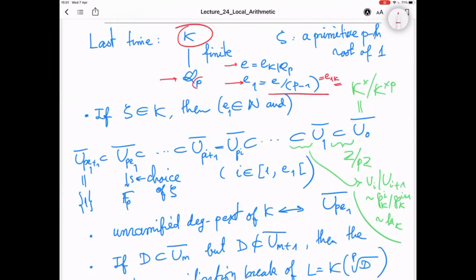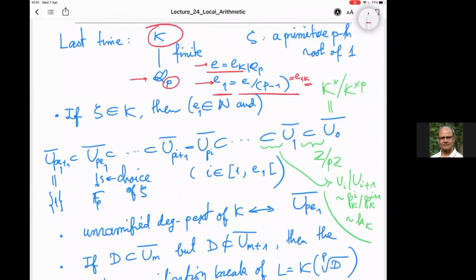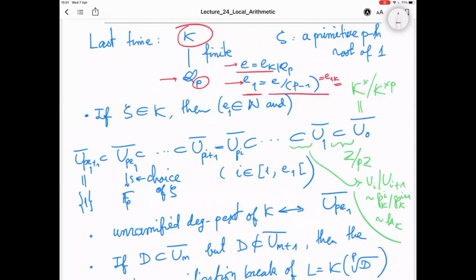Our prime p is fixed, and the field K has ramification index e, and e1 is e divided by p minus 1.